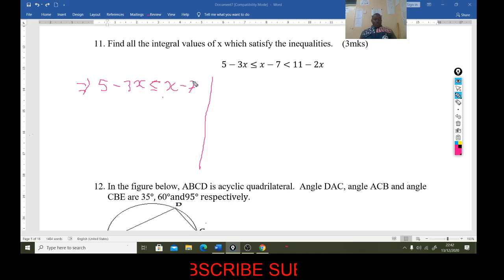So the number now will be 5. I bring 7 to the other side, it will be 5 plus 7, is less or equal to.